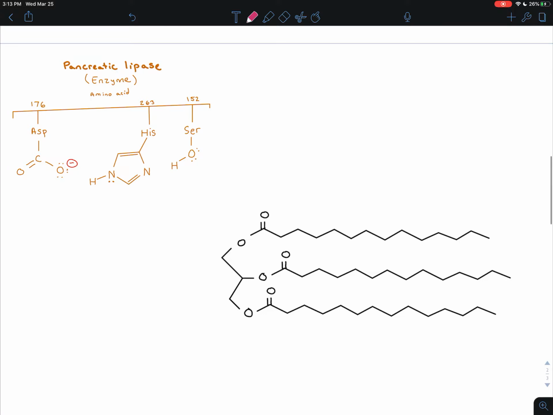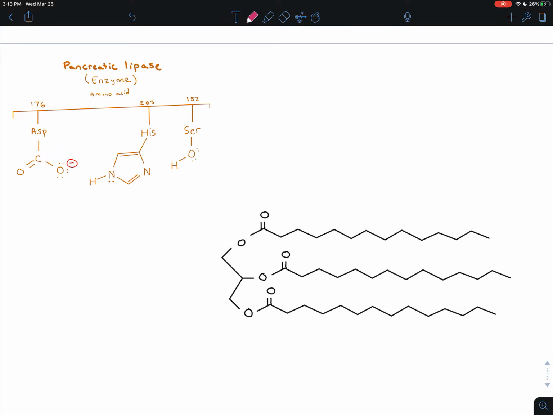The enzyme that we're going to use is pancreatic lipase. It has 449 amino acids, and here there are several amino acids. They have the numbers here for where they occur in the chain. So this serine here is the 152nd amino acid, aspartate here is the 176th, and histidine is the 263rd in the long chain of amino acids that make up this protein enzyme.